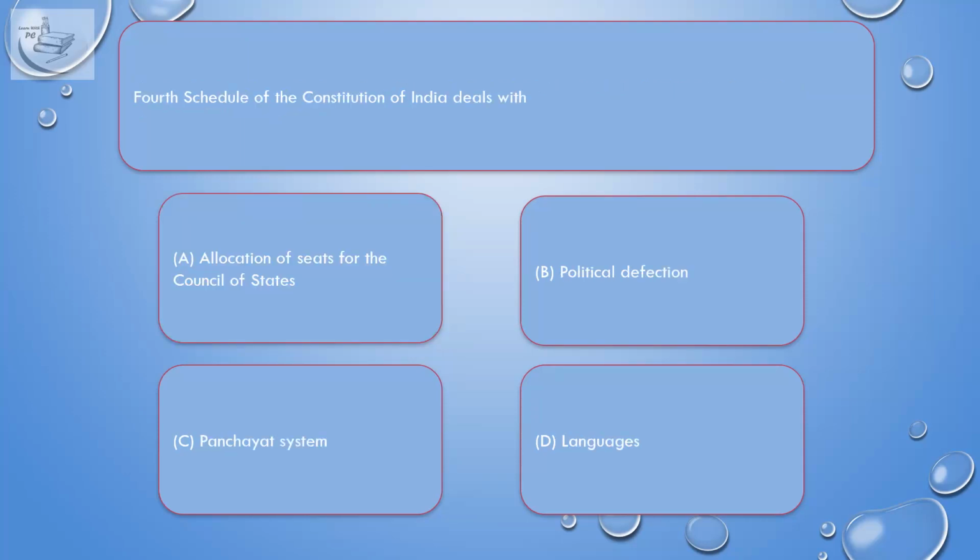Question: fourth schedule of the Constitution of India deals with A. Allocation of seats for the Council of States. B. Political defection. C. Panchayat system. D. Languages. Correct answer is A. Allocation of seats for the Council of States.